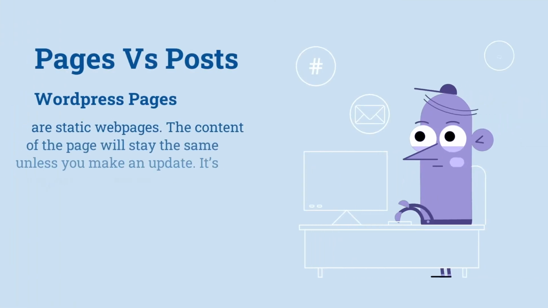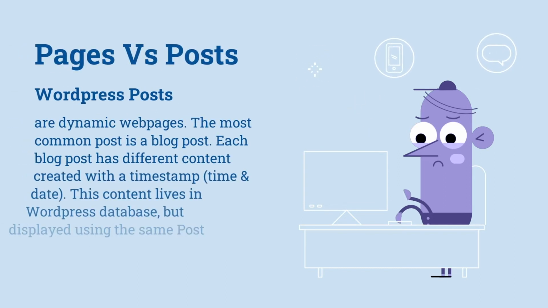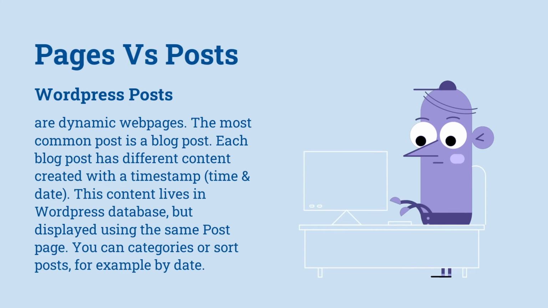WordPress pages are static. The content of the page will stay the same unless you make an update directly on the page. It doesn't have a date, and common examples are a homepage, a contact page, or an about page. WordPress posts are dynamic. The most common example is a blog post.